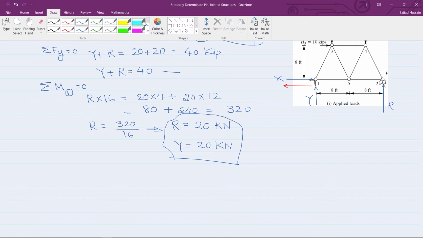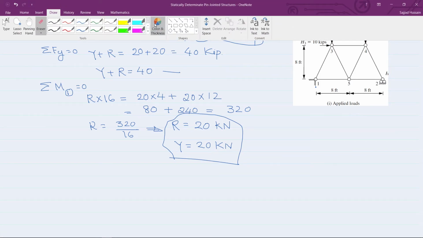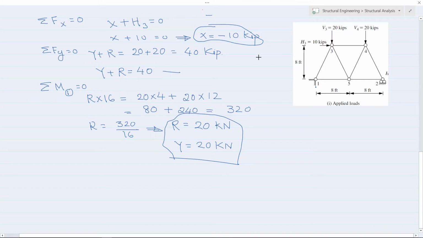For a free body diagram, let us remove all these and apply the actual forces. First of all, this X, which is minus 10 kip.